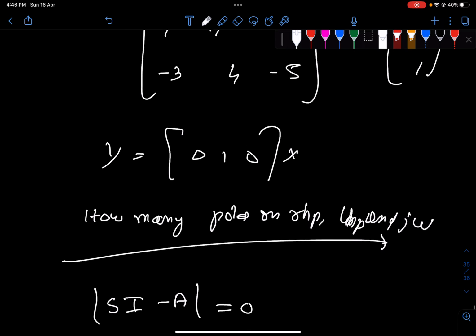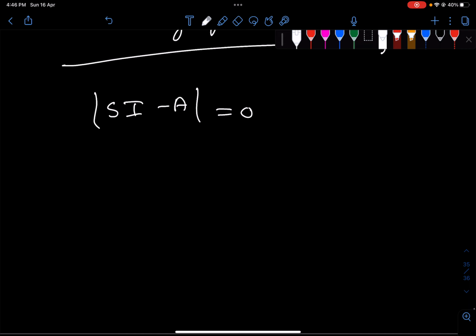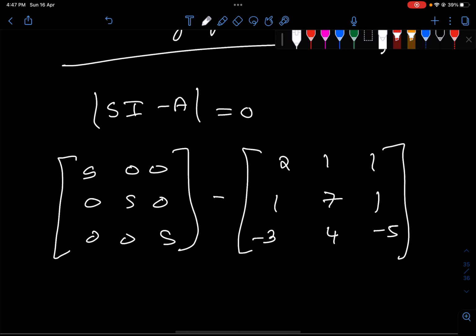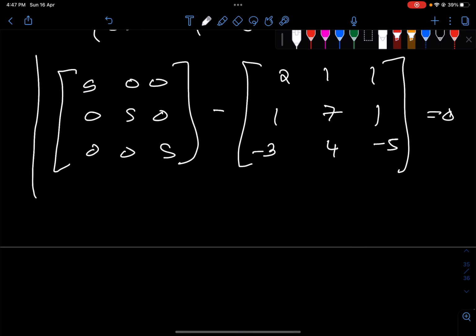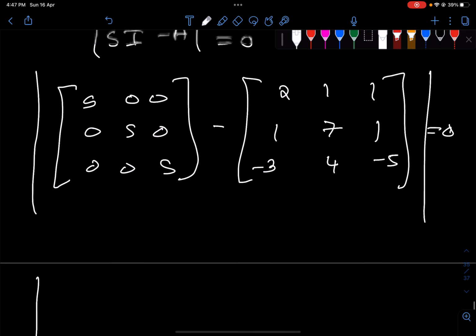So what is A here? This is our A matrix, right? So that is a 3 by 3 matrix. So what is sI? sI also should be 3 by 3, minus [2 1 1; 1 7 1; -3 4 -5]. The determinant of this will give the characteristic equation. So what is the determinant?